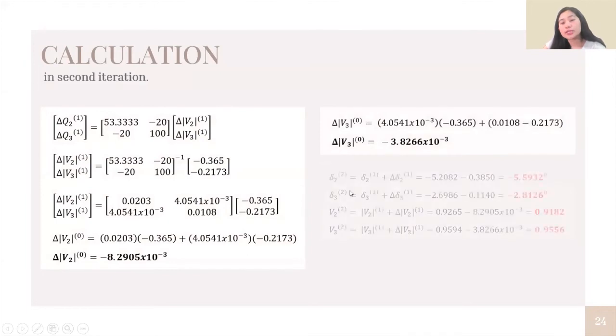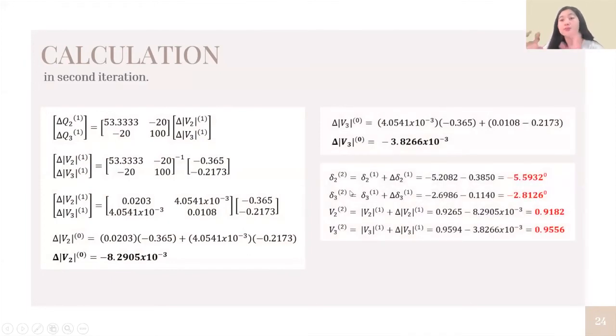Okay? So, upon that, magtataka kayo bakit both of them, delta 2, delta 3, V2 and V3, bakit maliit yung values nila? Itong V2 and V3 naka-raise pa. So, the thing is, for the second iteration, unlike sa first iteration, both the delta and both the V values ay kailangan mag-undergo ng addition with our na-solve and with our S2 and S3 ng first iteration. Okay?